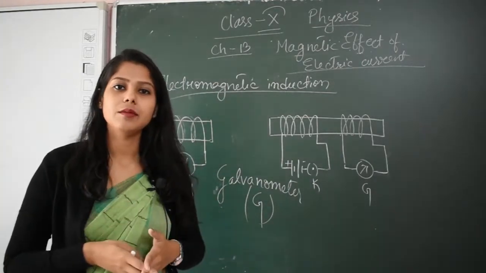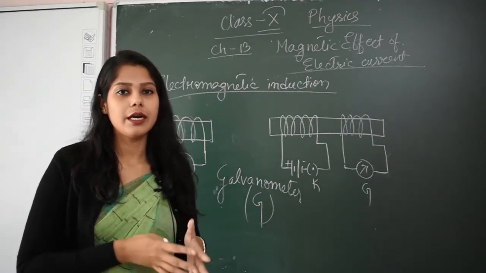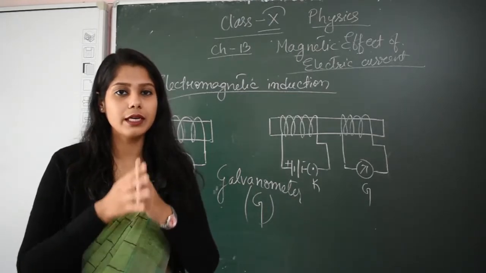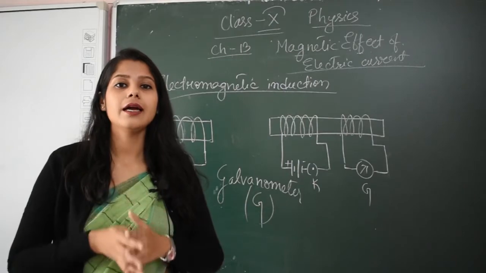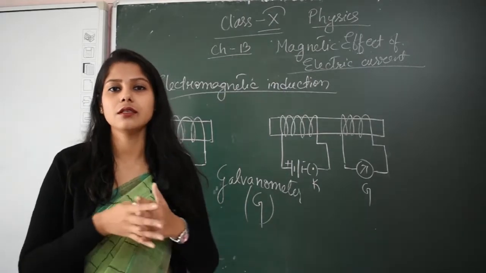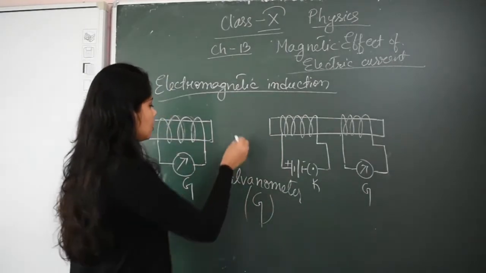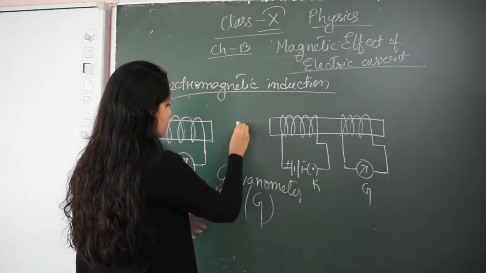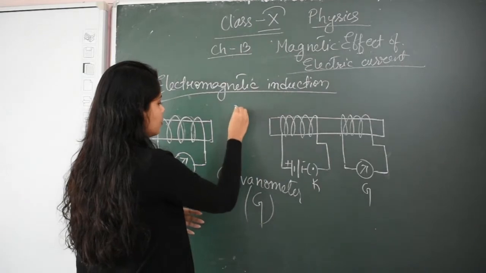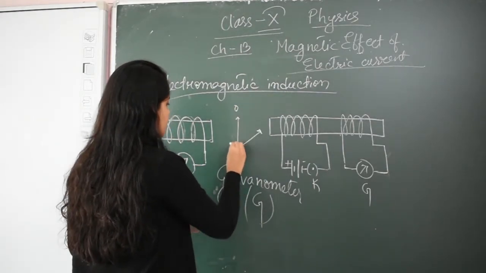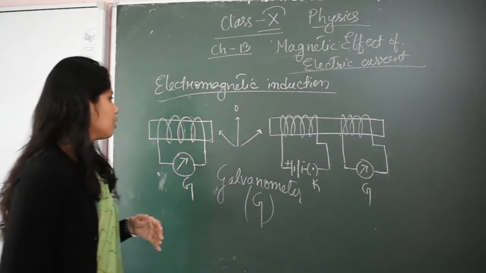The galvanometer will not show how much current or voltage, it will just show whether the current is there or not, and in which direction it is moving, either from north to south or from south to north. There are three positions in a galvanometer: one at 0, one towards the right, and one towards the left.